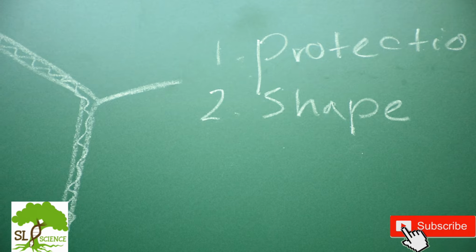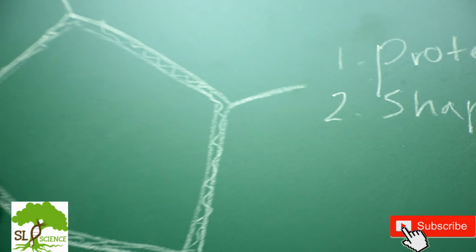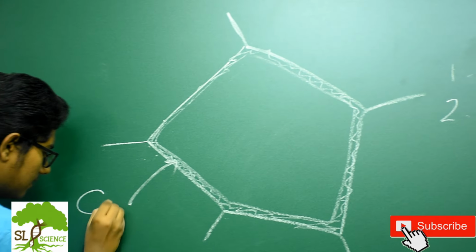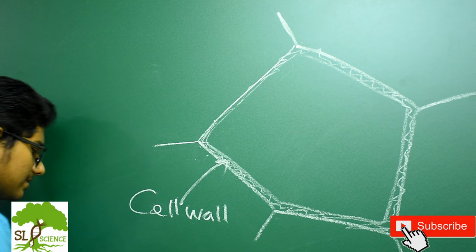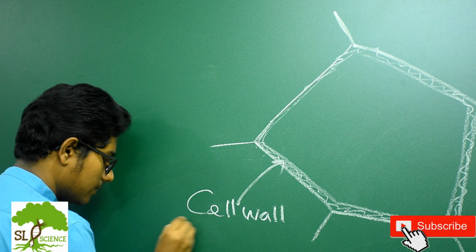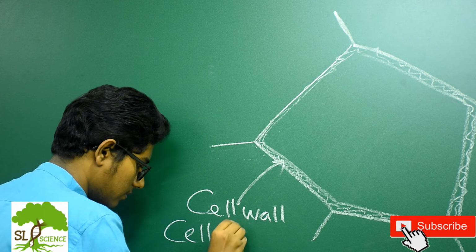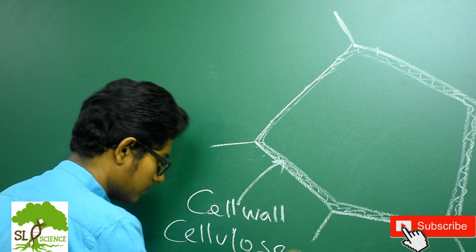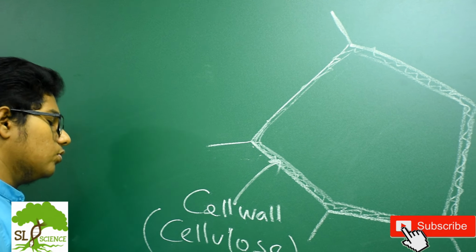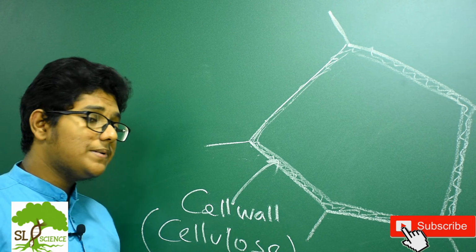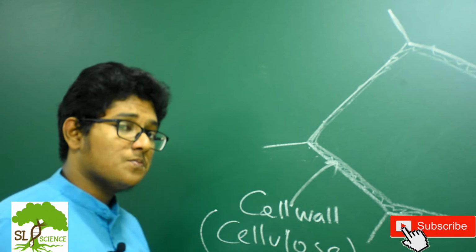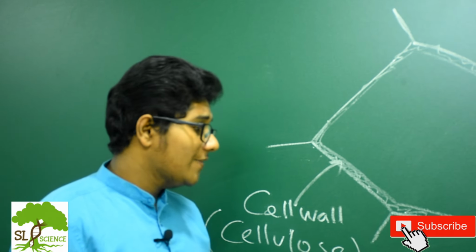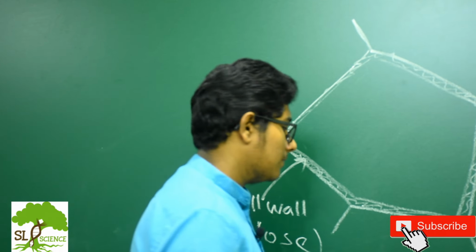And mainly in plant cells, this cell wall consists of cellulose.